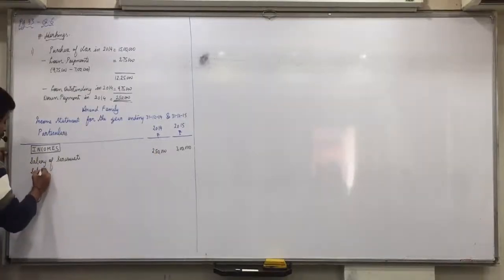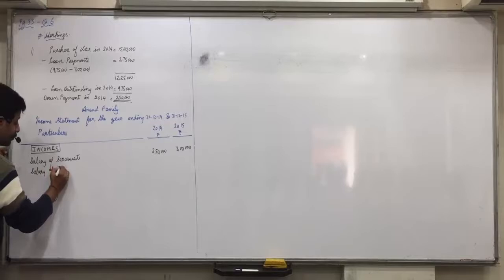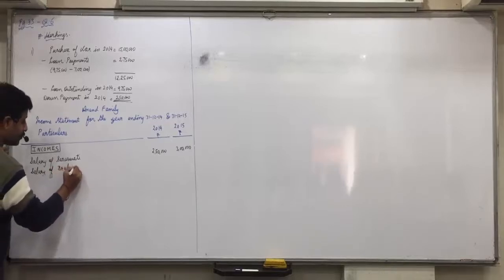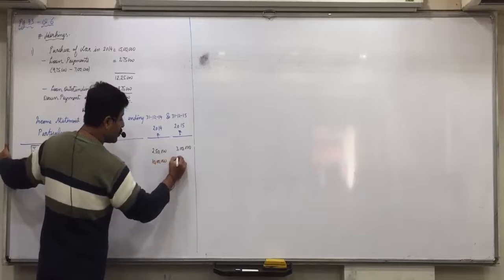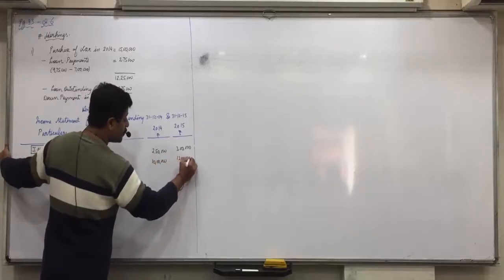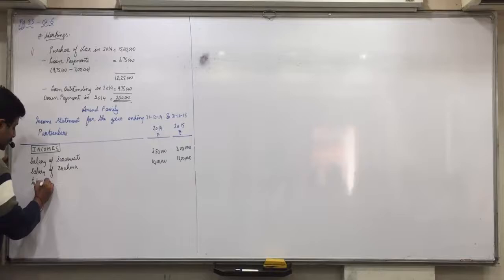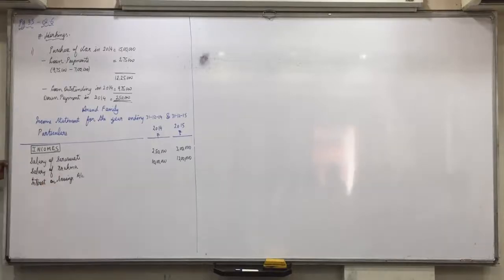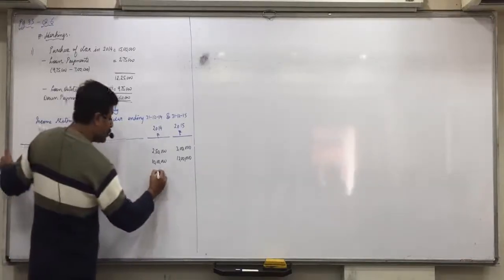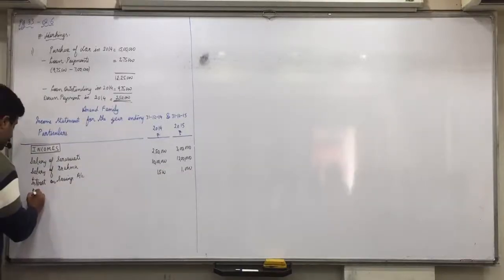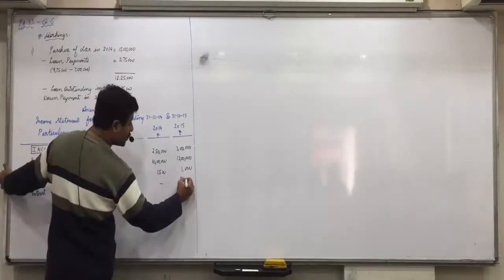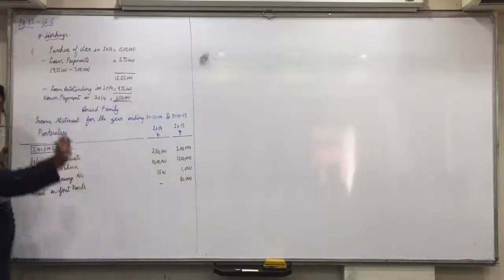Salary of Brahma 10 lakhs and 12 lakhs. Interest on savings account 1,500 and 1,000. Interest on government bonds only in 2015 we have 80,000.